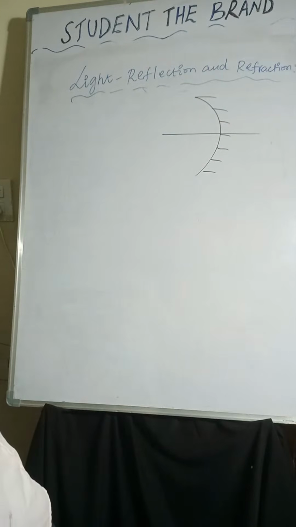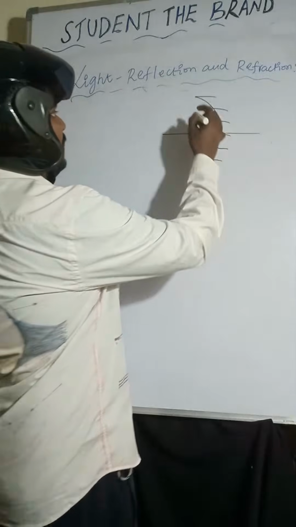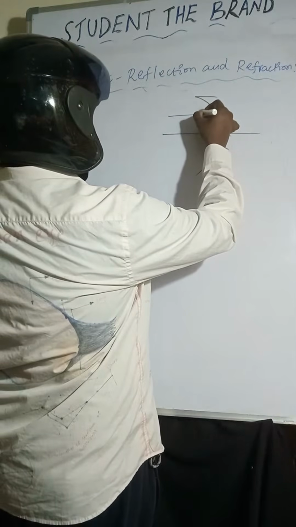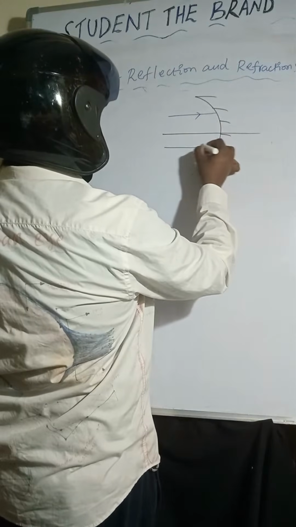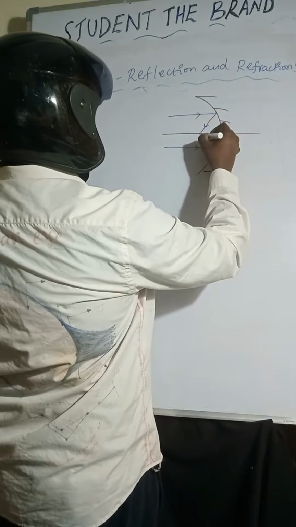Let's discuss. Here you can observe this is a concave mirror. Whenever light rays are incident on it, after reflection those light rays meet at one point.